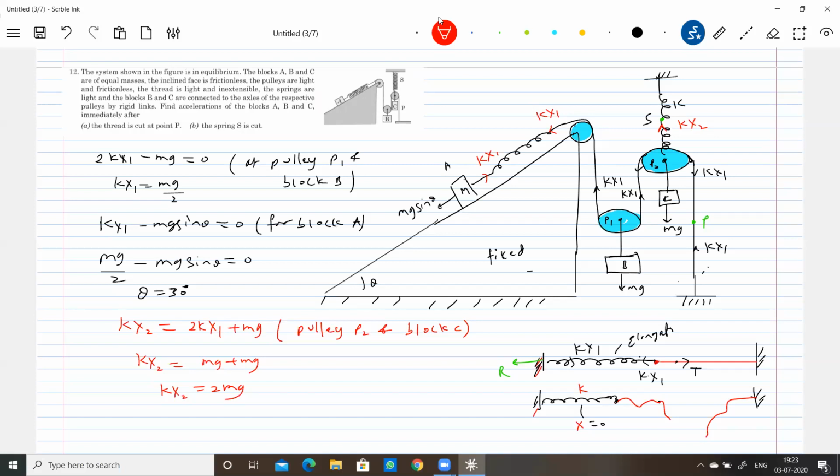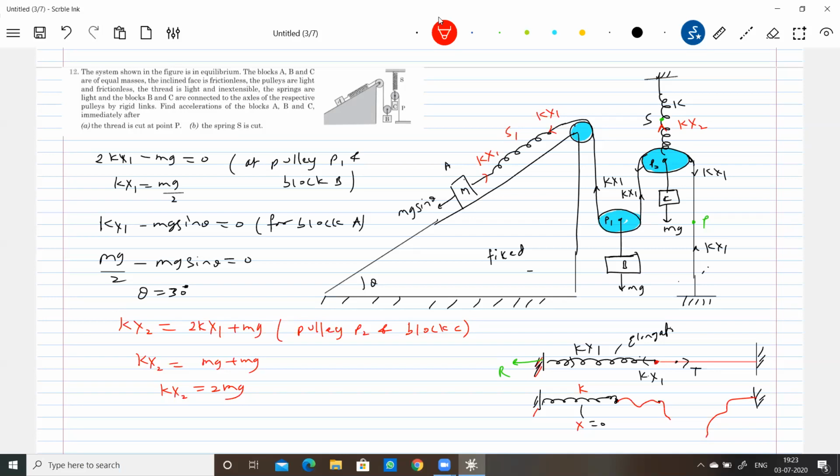P is there, P1, P2. Spring S1, I'll call it. So what is the condition I should write? When the string at point P is cut, the spring force in spring S1 will vanish.